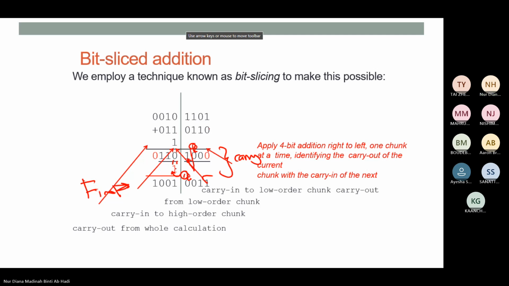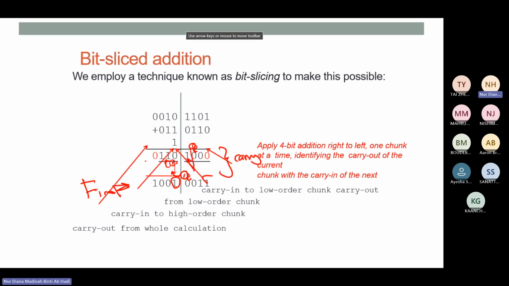Am I right? Yes. So this 1 is your bringing down value, and the other 1 you will bring to the next one. And then this one, 1 plus 1 plus 1, what do you get?